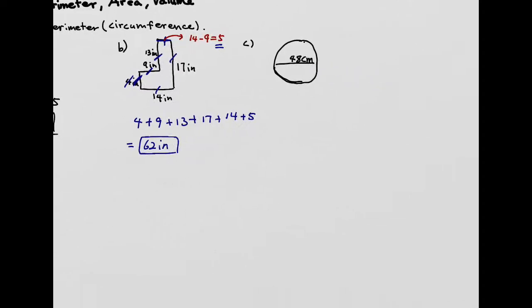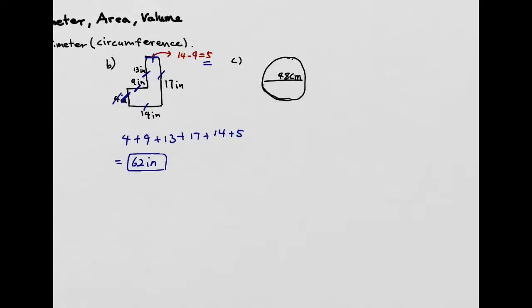When we're looking at the third one, we're looking for circumference. That's what we call the perimeter of the circle. And we have a formula we can use.